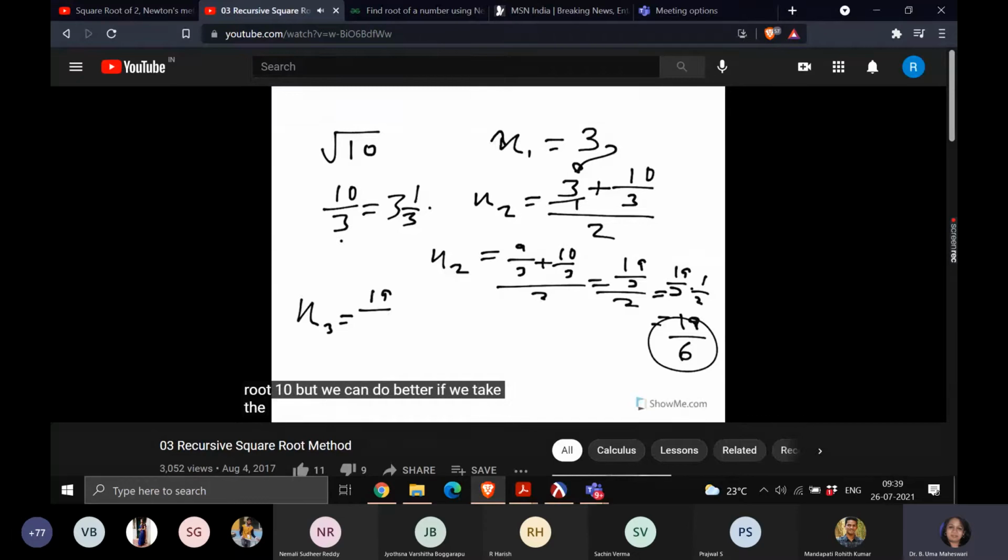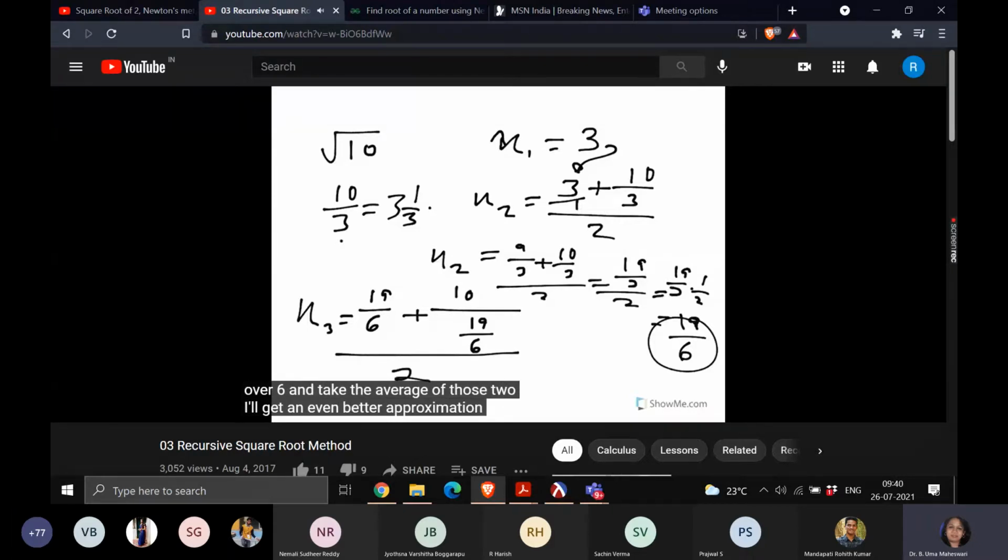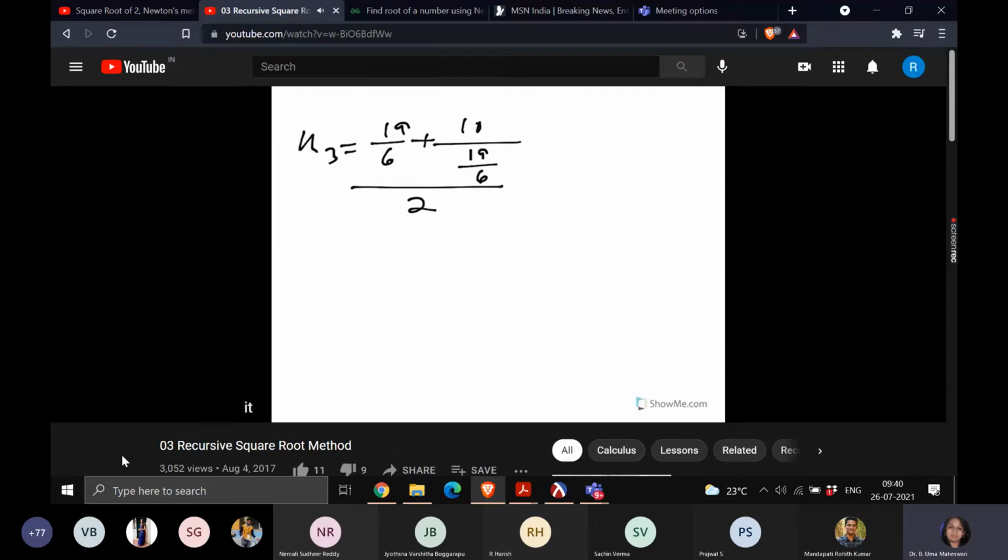If we take the most recent approximation, 19 over 6, and do 10 over 19 over 6, and take the average of those two, I'll get an even better approximation. It turns out that 19 over 6 is a little bit bigger than the square root of 10, and 10 over 19 over 6 is a little smaller than the square root of 10, so the average is going to be closer to it.